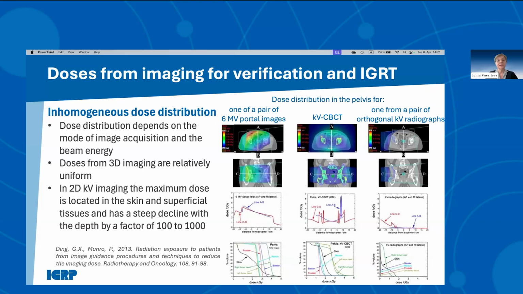And here on the images, you see three different modalities used: 6 MV portal image, kV cone beam CT in the middle, and on the right-hand side, the planar kV imaging.